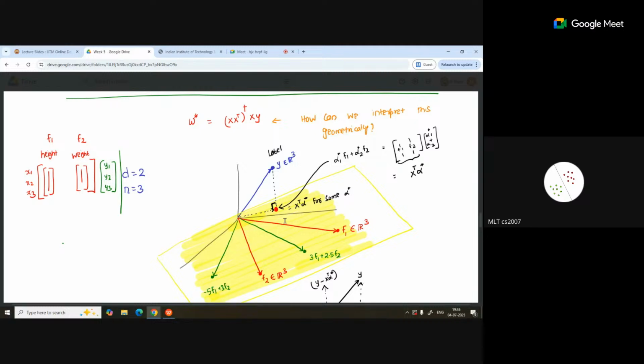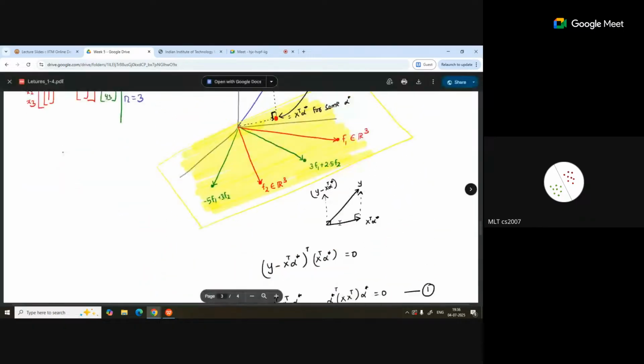What we are seeing is that W star, the optimal weight vector which we need, should be in this space, and W star is also a linear combination of all the data points.